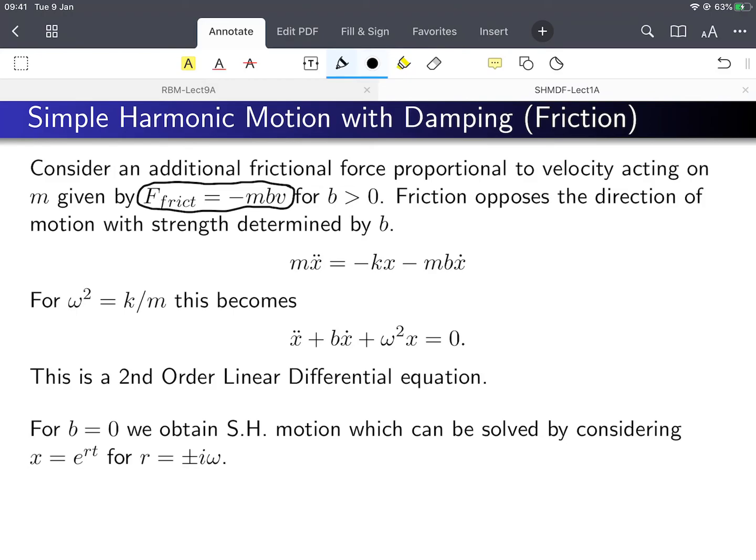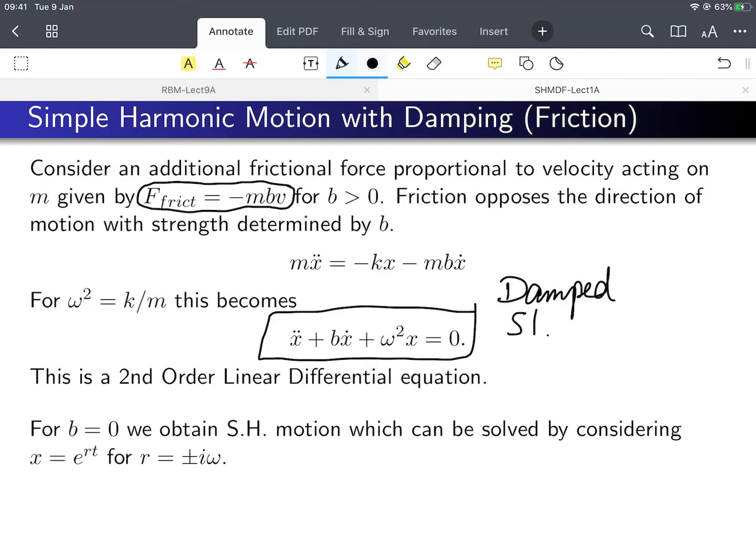If you add this into the equation on the right-hand side, you divide across by m. You have k over m, that's omega squared. And now you have a modified equation. It's like the simple harmonic equation, but with one extra term in it. So that's called the damped simple harmonic motion equation.